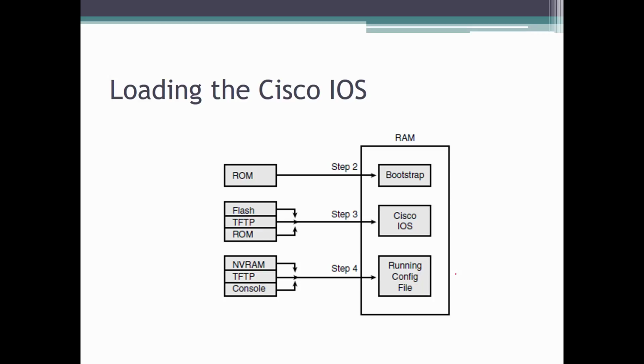It could be different areas. Step 4, it will load the startup config and place that into the running config. And that will be brought in by NVRAM, TFTP, or via the console. But that is our generic boot sequence. You have to know the order: POST, bootstrap, Cisco IOS, then the startup config.